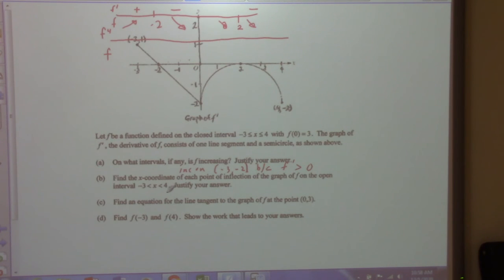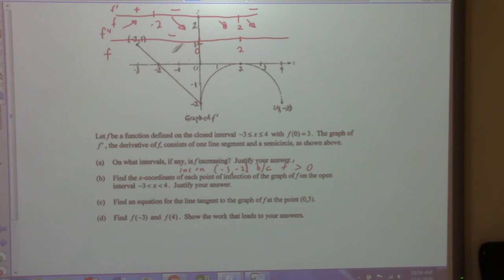Find the x-coordinate of each point of inflection of the graph of f on the open interval. So where do we have our points of inflection? Here we have 0 and 2, right?